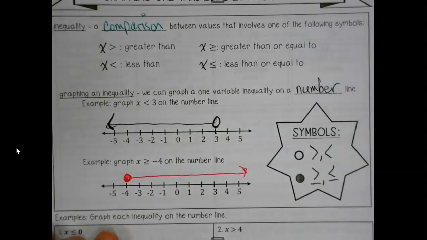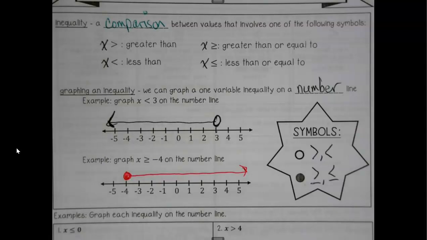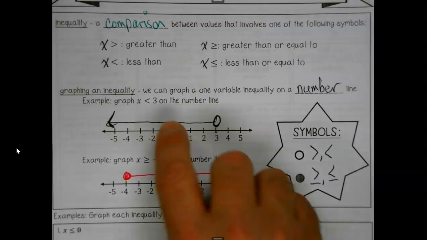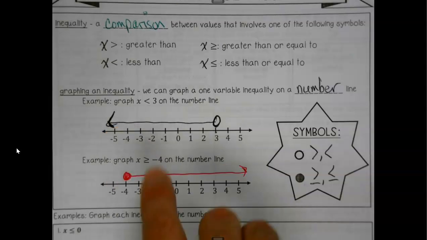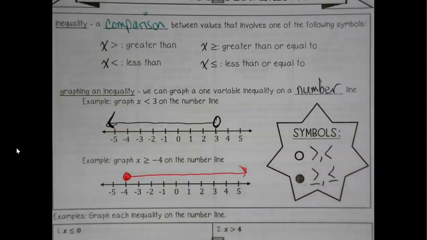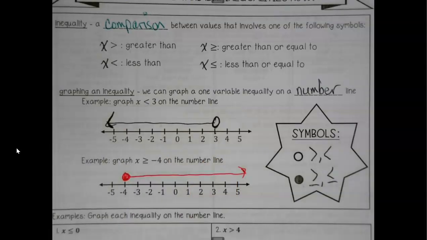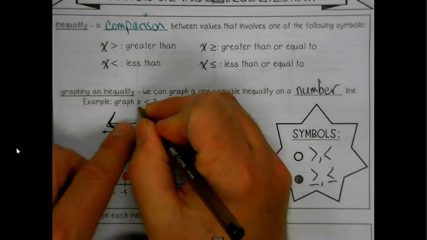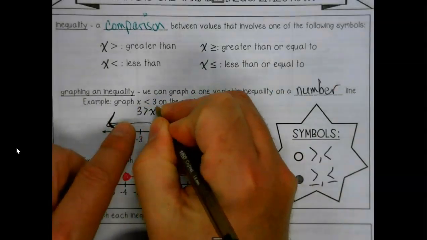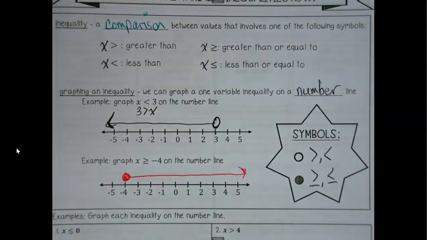But here's where I want to put out some caution. Sometimes people get what I like to say suckered into arrow following. They're like, oh, so all I got to do with these is if the arrow points left, I go left. If the arrow points right, I go right. As long as x is on the left, that's true. But what we've got to keep in mind is sometimes it's going to be written the other way.